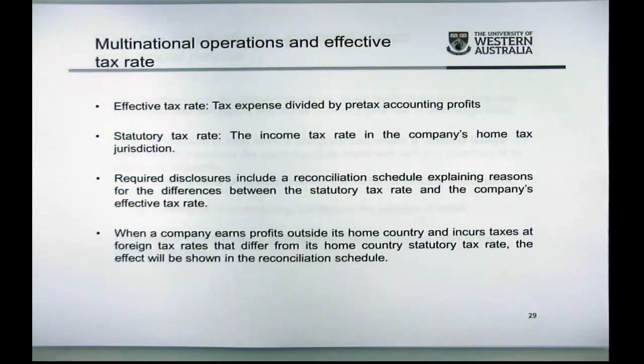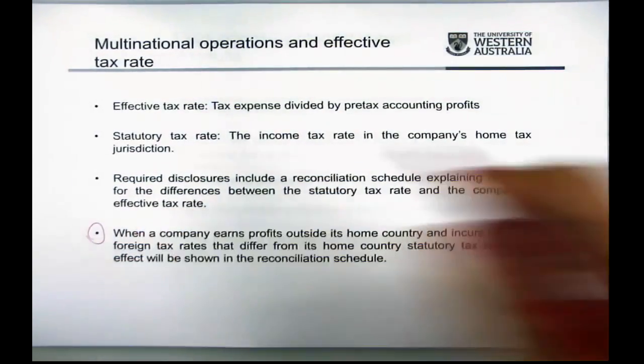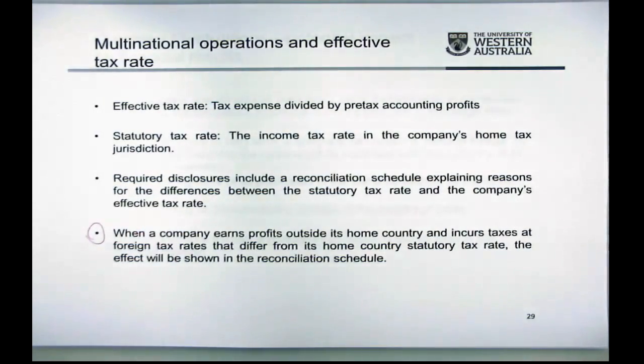Normally, a firm should disclose the tax rate of the foreign operations, or the country in which its overseas subsidiaries operate, and the effect on the calculation of its own aggregate consolidated tax rates and so on and so forth.